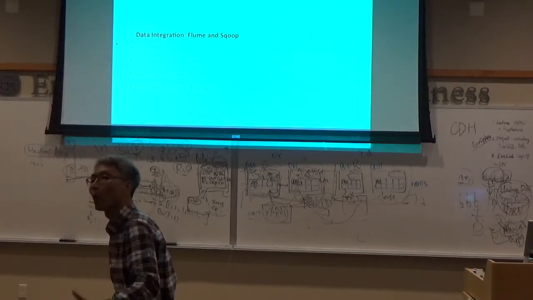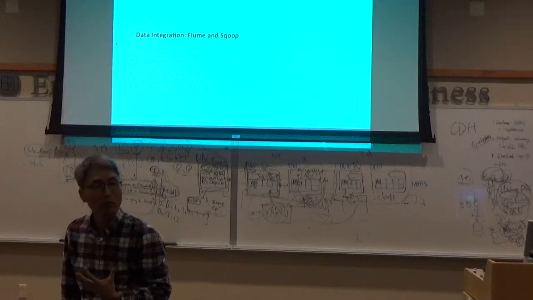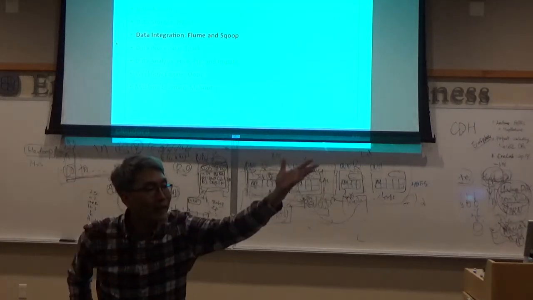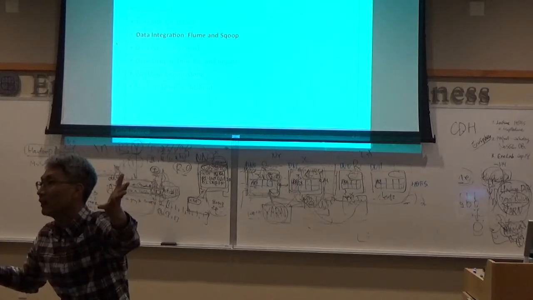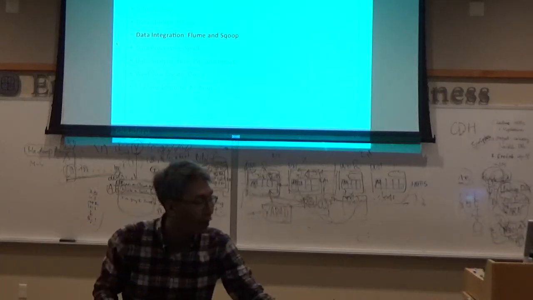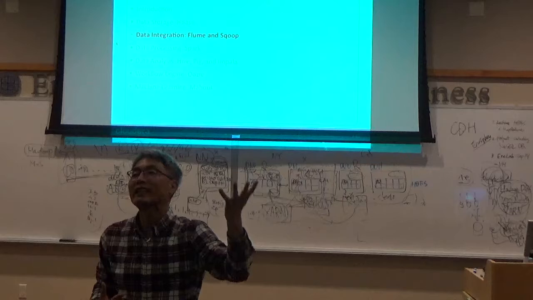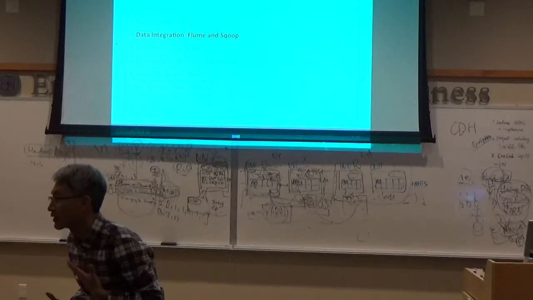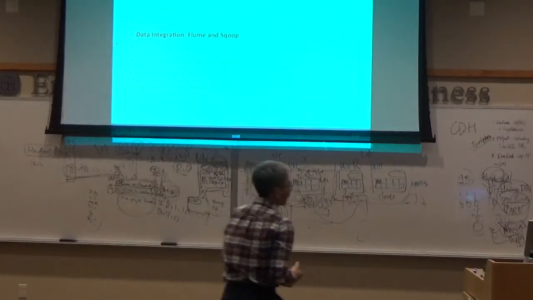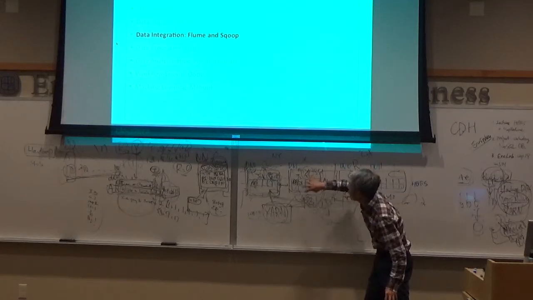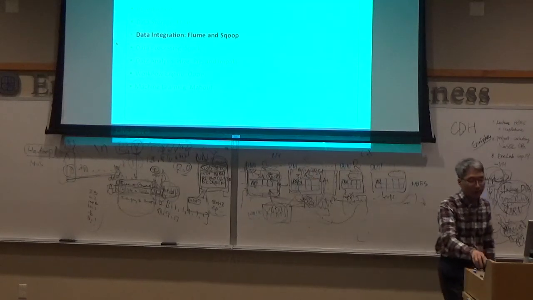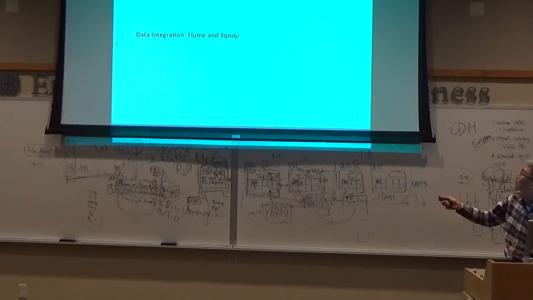So at that time, where do you get such data from? Sometimes you can get the data from another node as a log file. Or sometimes you can get data from an existing relational database. If you get the data from the relational database and put it into HDFS, at that time you can use Sqoop. You can see SQL-like, SQ, whatever.